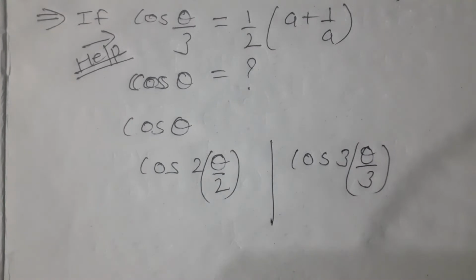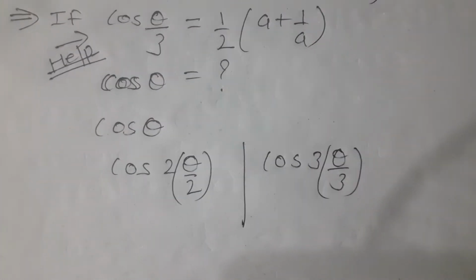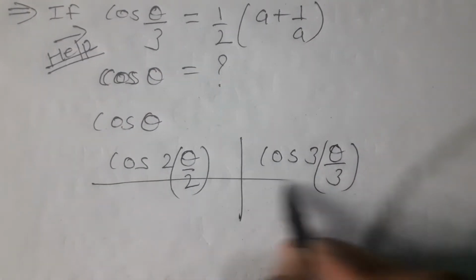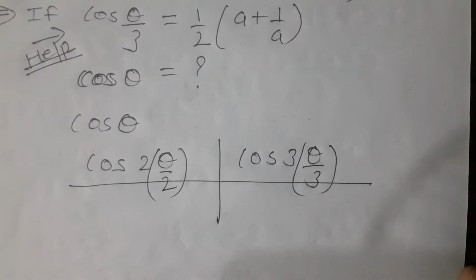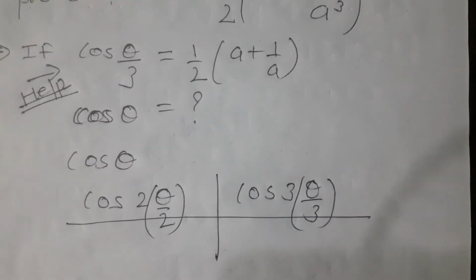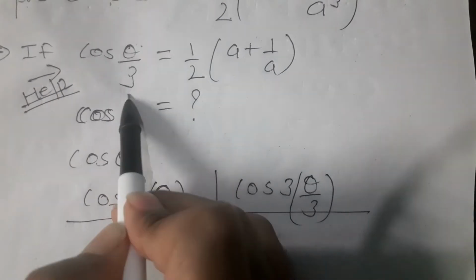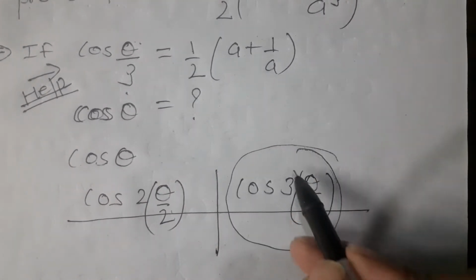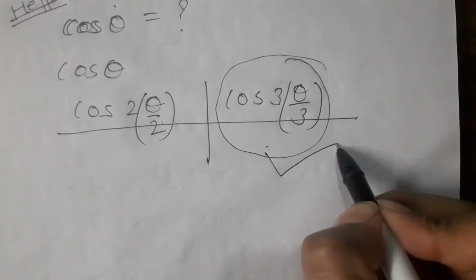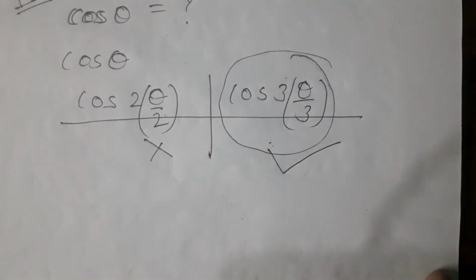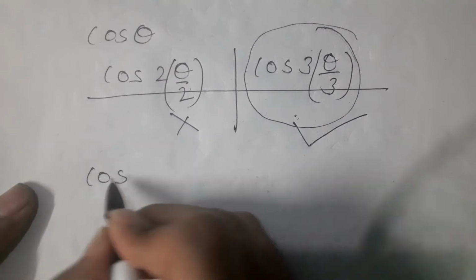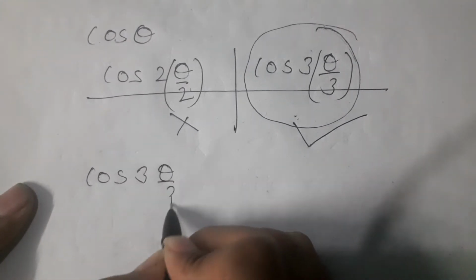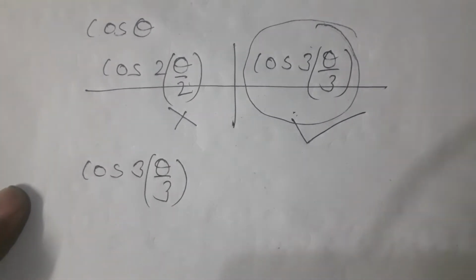But right now I don't want to go further, I just want to explain. If you have two ways, which way will you definitely choose? If I see my help here, it is given theta by 3, and definitely this one is matching, so I need to go with this process, and the other is not going to be selected. So what I'm going to do is cos 3 theta by 3. You can see whatever I need has already arrived.